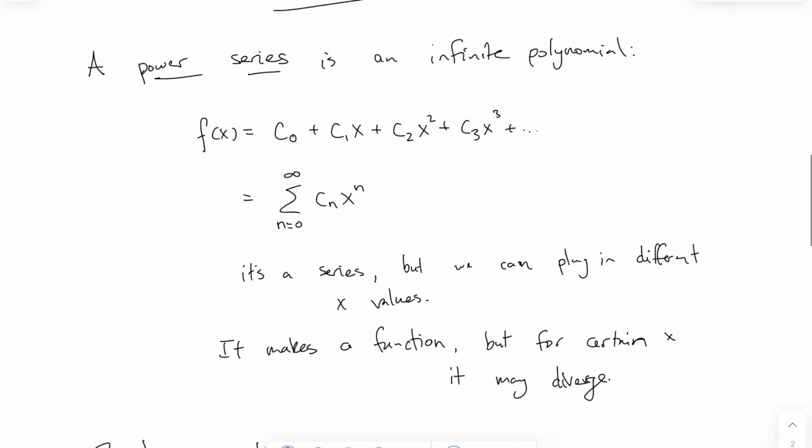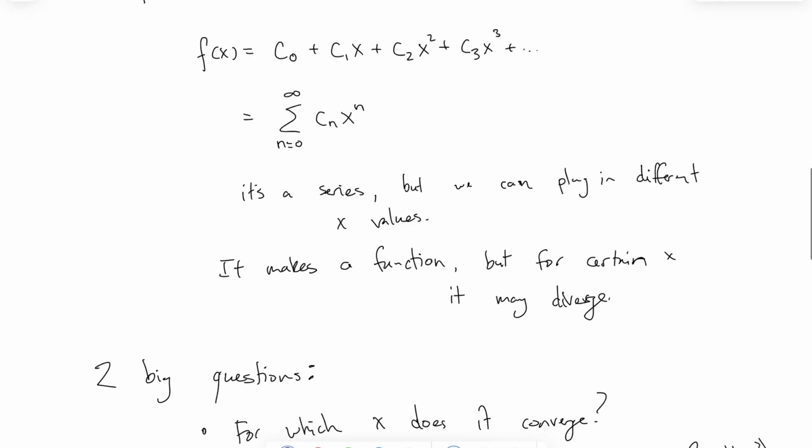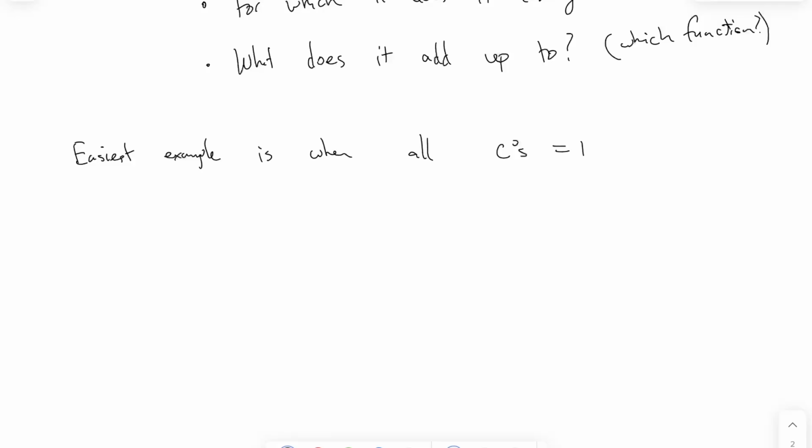Up here, the general format is like that, where the c's could be any numbers. So to make it real simple, let's imagine that all the c's are 1. So what I'm talking about is this power series, 1 plus x plus x squared, x cubed, etc. I'm using 1 for every coefficient.